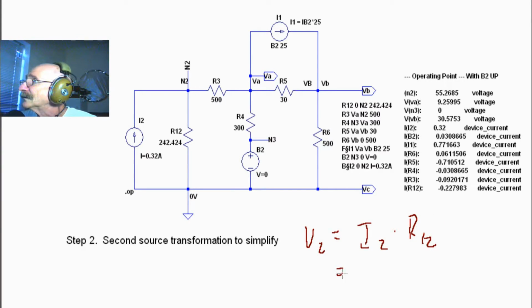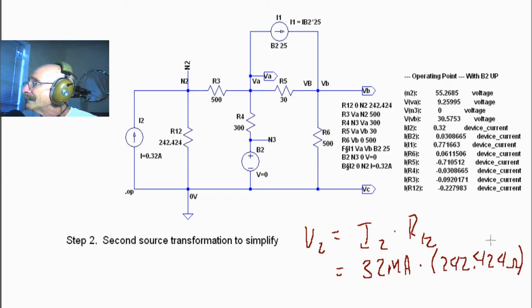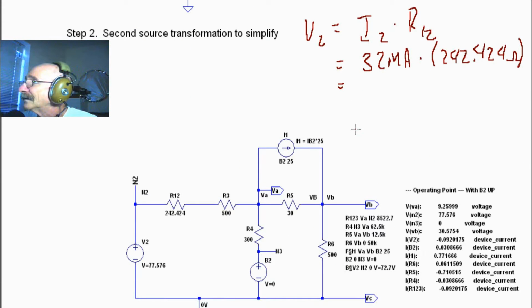I2 is 32 milliamps times 242.424 ohms, and that number comes out to 77.576 volts. Okay, so our resistor stays the same.